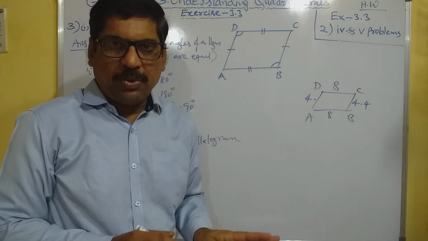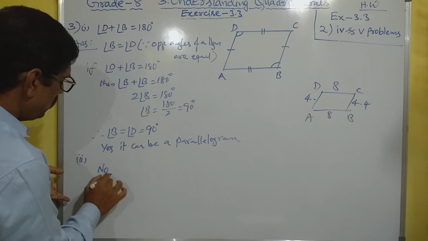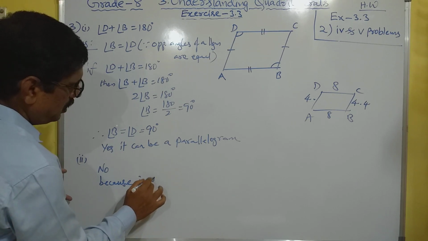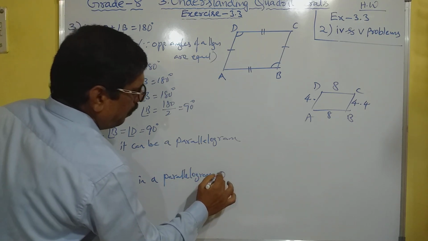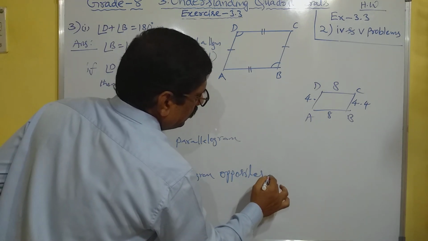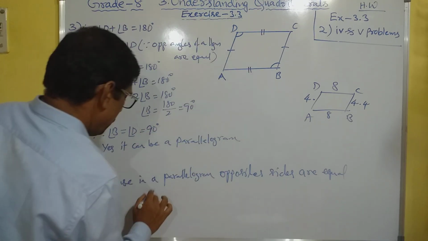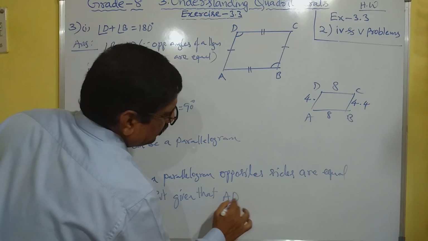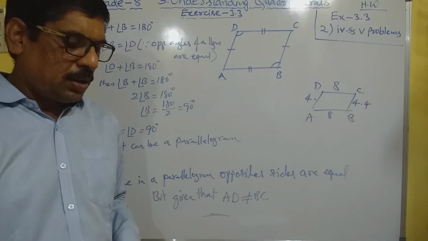In a parallelogram, opposite sides are never unequal. So the answer is no, because in a parallelogram opposite sides are equal, but given that AD is not equal to BC, it is not a parallelogram. A parallelogram cannot be formed.